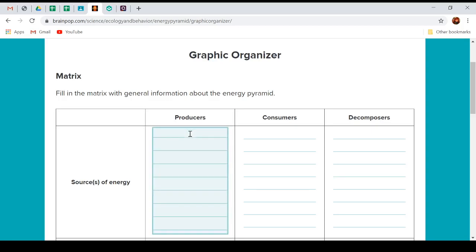Okay? So before we fill out our worksheet, our graphic organizer, let's review what a producer, consumer, and decomposers are. So a producer is called that because it has to produce, it has to make its own food. We've talked about different organisms before that harness energy from the sun to make their own food, and that would be things like plants, so trees, grass, flowers.